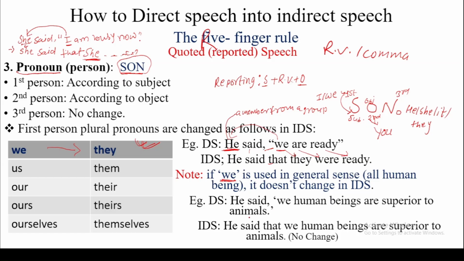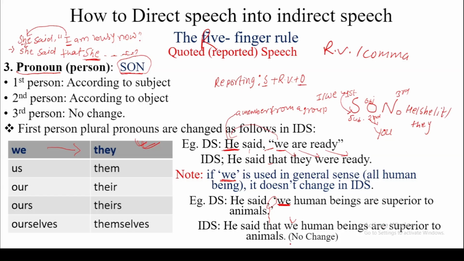So while changing this sentence, we can write, he said that we human beings are superior to animals. Here "we" remains the same, because "we" represents the notion of human beings, meaning the idea of human beings.